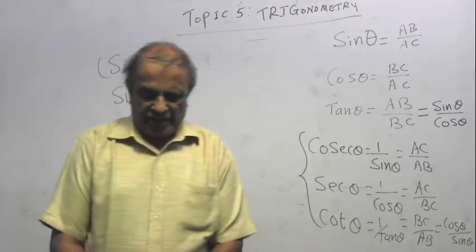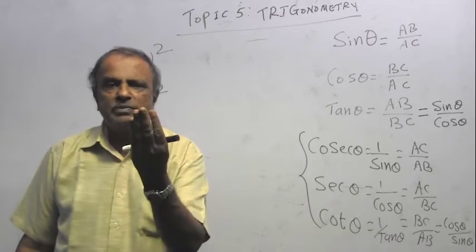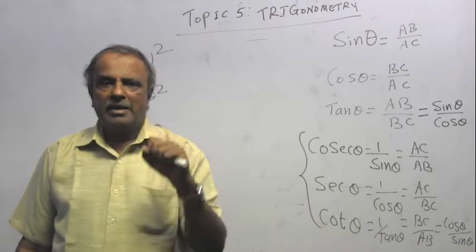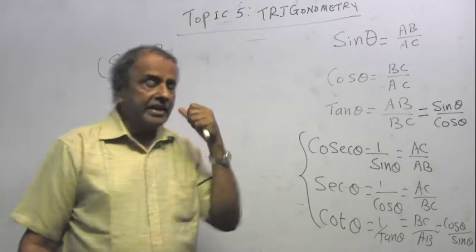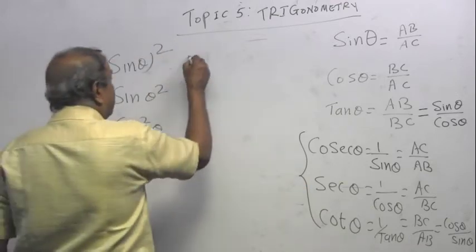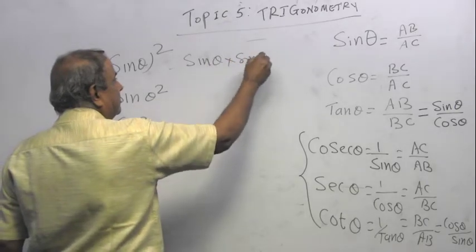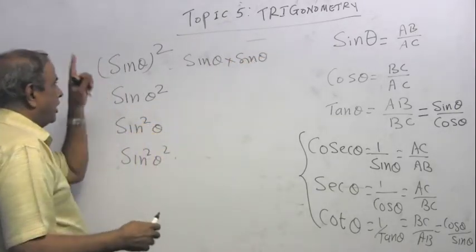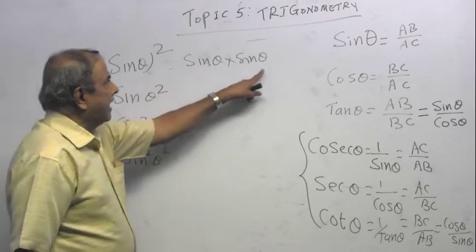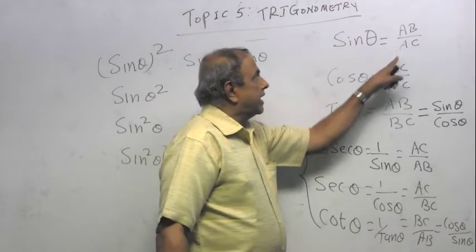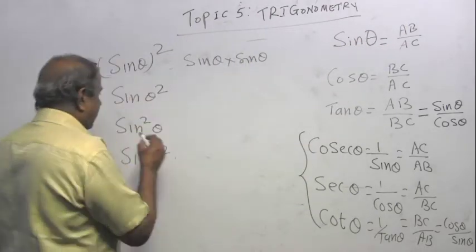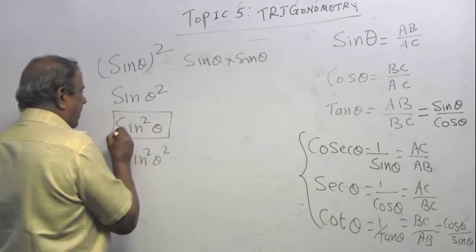Remember, sine theta is a ratio. It's a number. When you're squaring sine, it is basically sine theta times sine theta. That means you're not squaring the angle, but you're squaring the ratio. That is why we write it as sine squared theta.